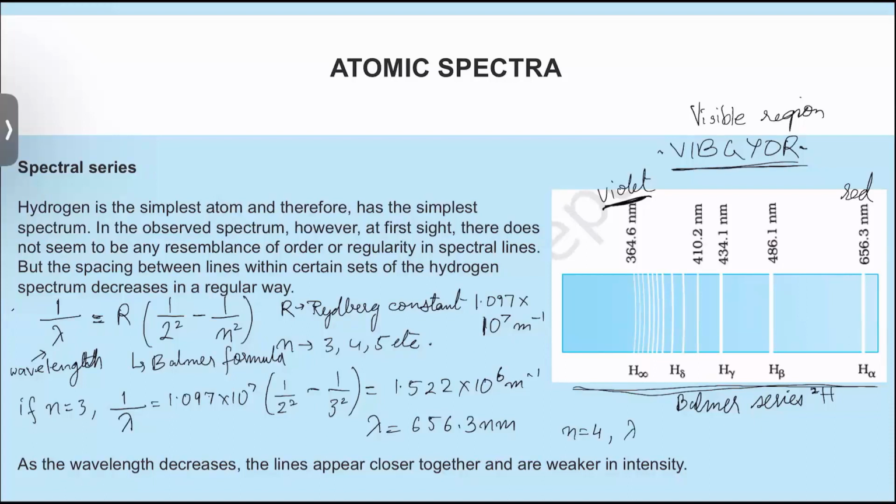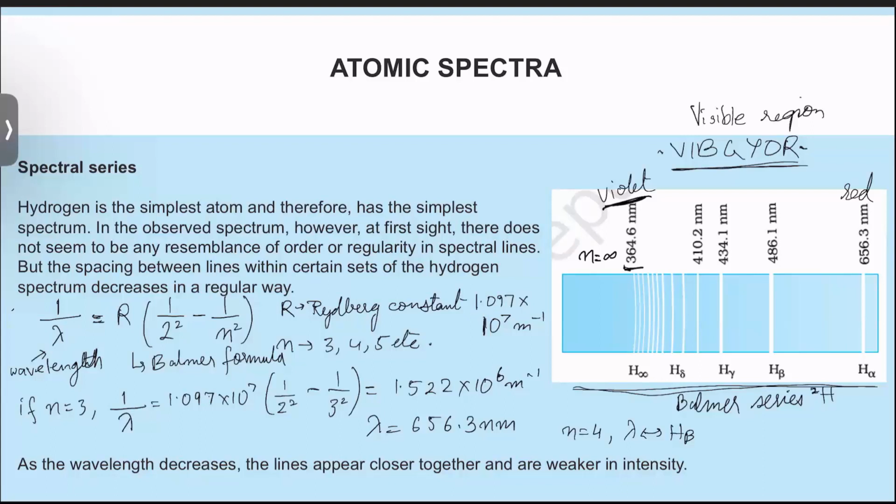Now similarly, if you take n as equal to 4, lambda will correspond to what we get for H beta. Similarly, if your n becomes infinity, we will reach the limit of the series. So this is going to be n equal to infinity.